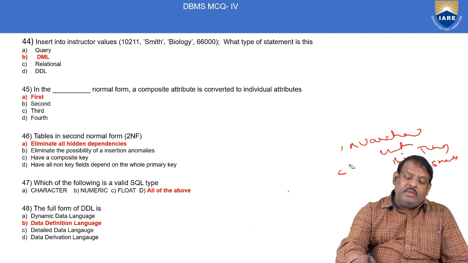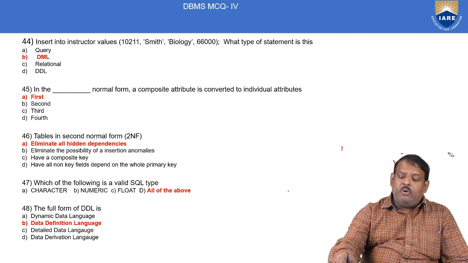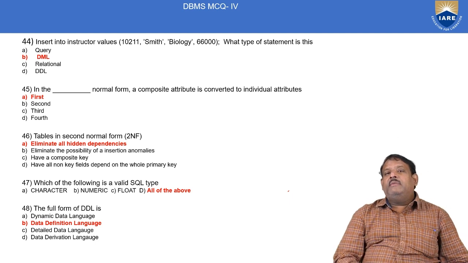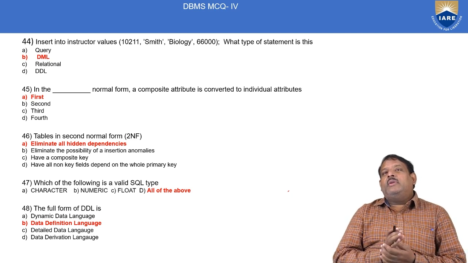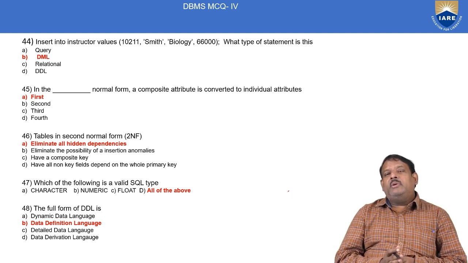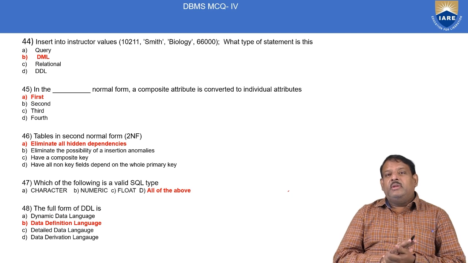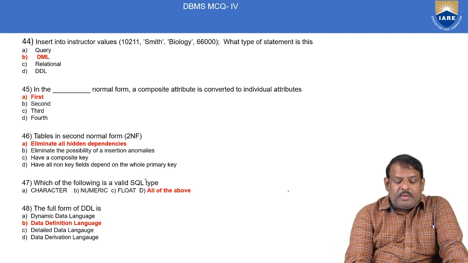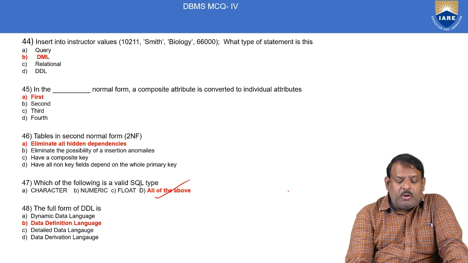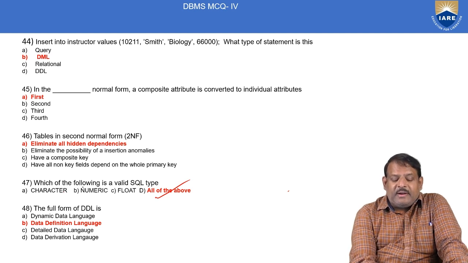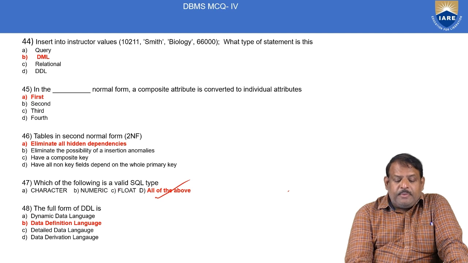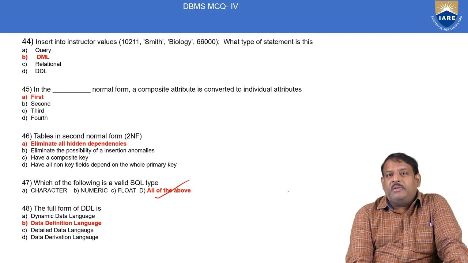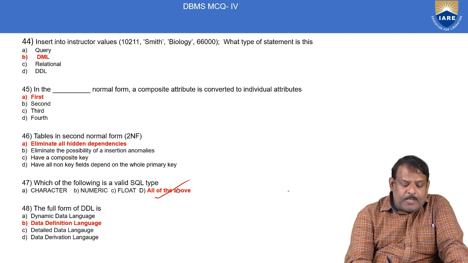By seeing the data type, we know what type of data we should be able to insert. When I say my roll number is integer, I know it is an integer field, so I will not be able to enter any alphanumeric characters. So the right answer is all of the above, because character is a valid data type, numeric is also valid, float is also valid, and all of these.